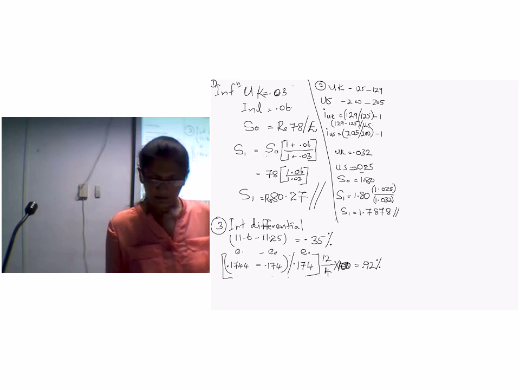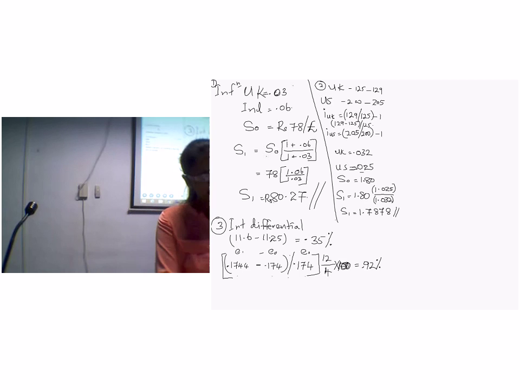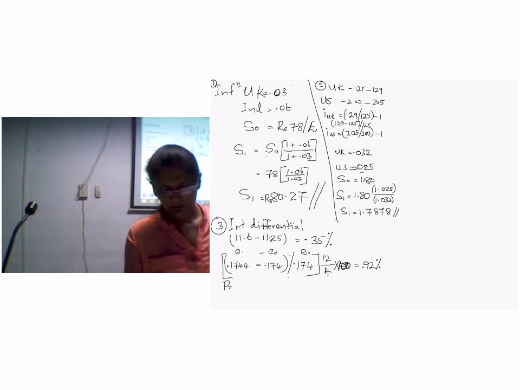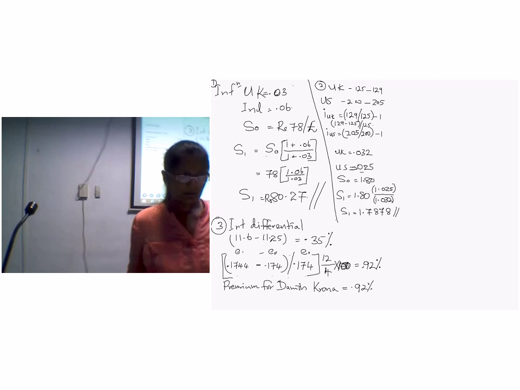Now this is what we have calculated, the premium for the Danish krona, 0.92%. Here the question says to show whether a covered interest arbitrage opportunity exists and how an arbitrageur can profit from it.